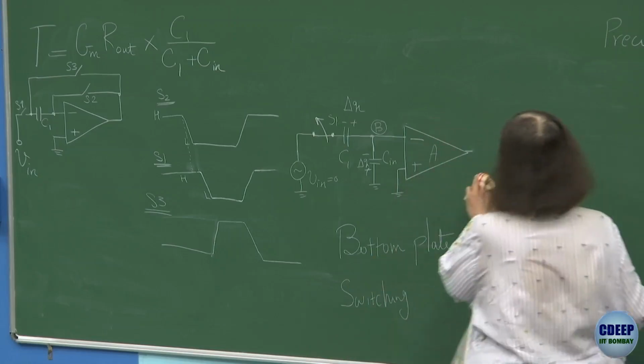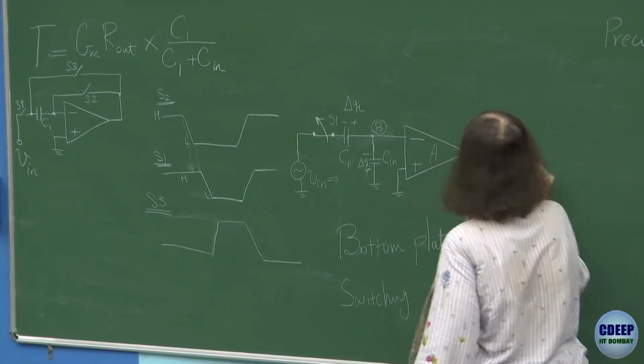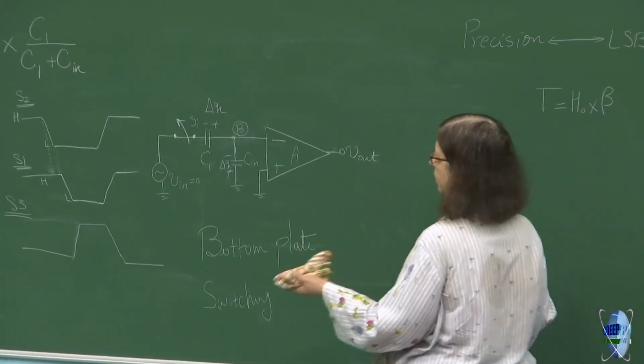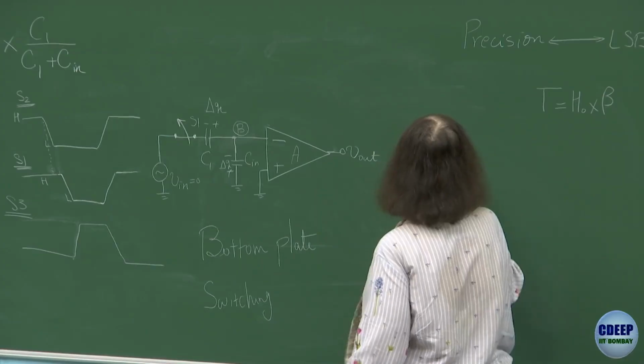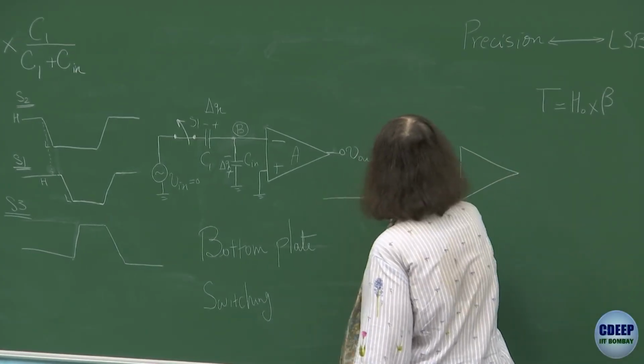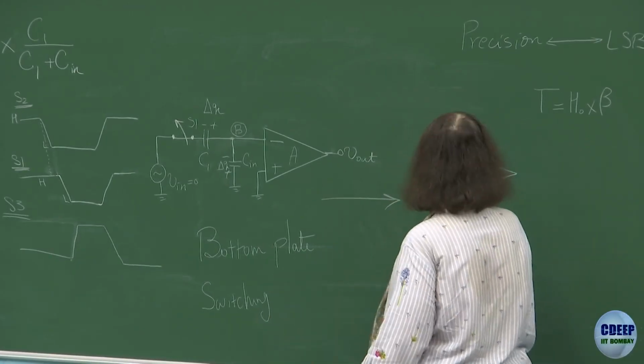Okay, let me show you. Let's say we have this condition, right? We expect the output to be 0 after we have S1 opened and S3 closed. So let's say we are moving to this state. And Vin was 0, small signal 0.